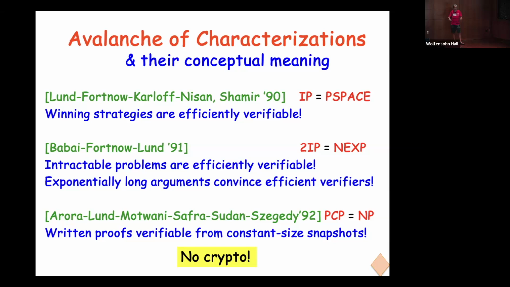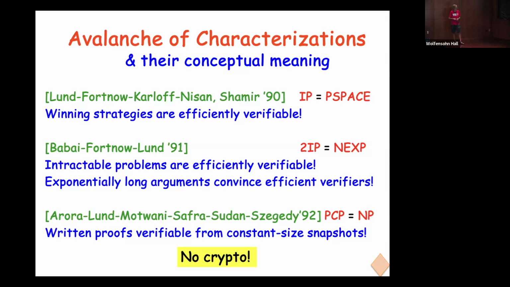Polynomial space captures things like: for any move I make, you know, here's the move I make, for any move you make, I have another move, for any response, I have another move, and I win. So many alternations. This is still doable in the context of interactive proof.